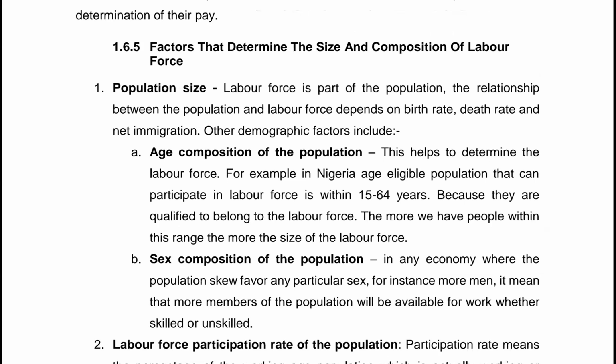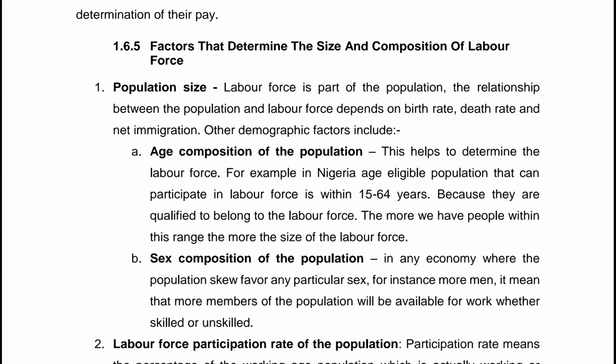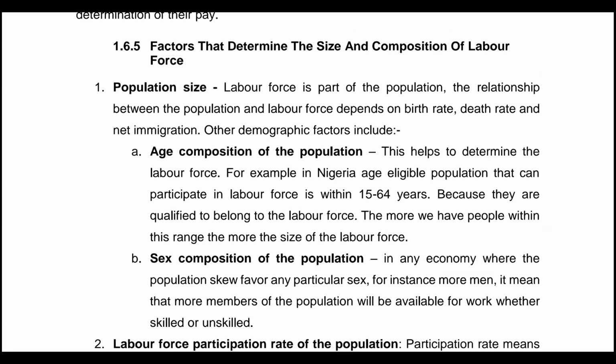Then there could be other demographic issues that affect the population. That could include age composition. The age population regarded as working age is between 15 years and 64 years. Below 15 years, they are not working, and above 64 years, these are old people who are already out of the labor force as well.